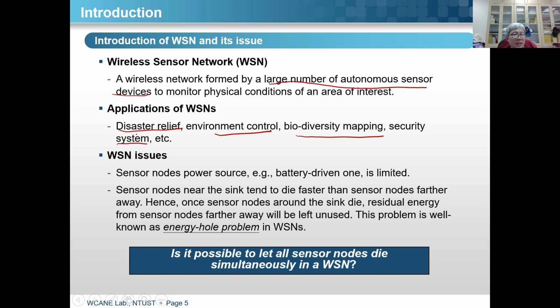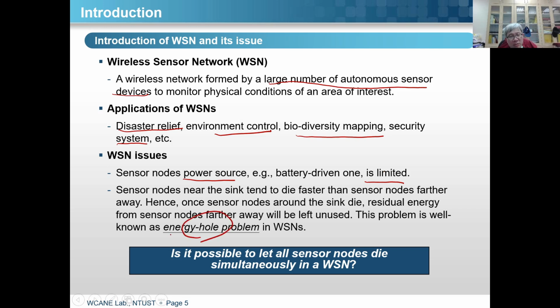So the issues talked about in this article concern the following constraint. The sensor node power source is limited. With the limited power source, how do we have a proper mechanism? Of course, if we allow sensor nodes to die, then we form the energy hole problem.